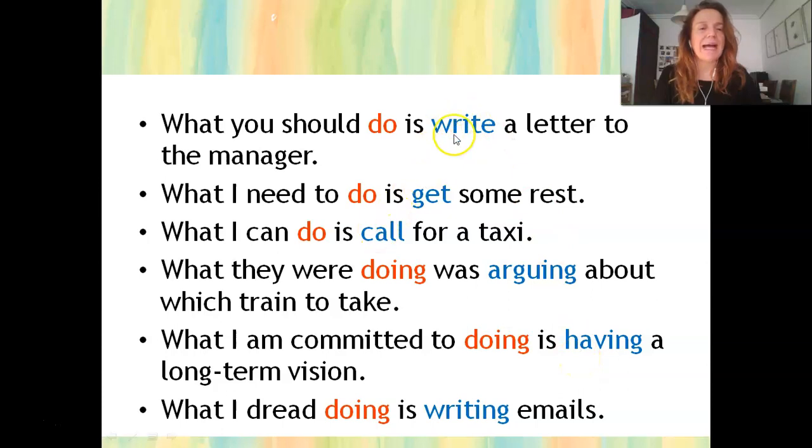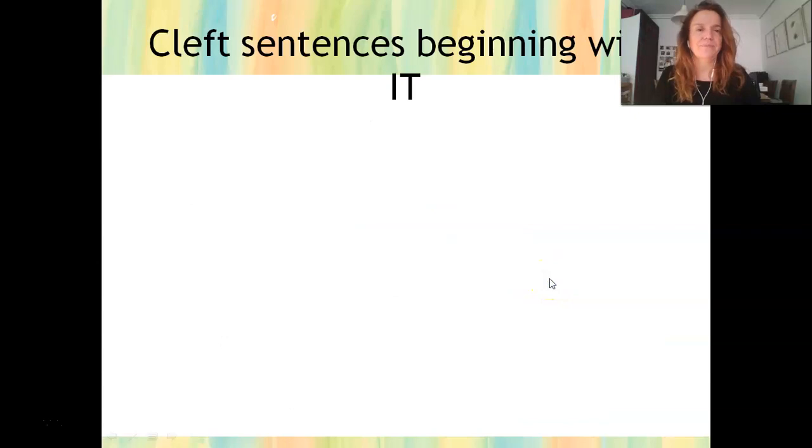Okay, so we adapt the verb in the second part of the sentence, after the verb to be, to whatever precedes the verb to be. If in the WH clause we have infinitive, here we keep it infinitive. If in the WH clause we have ing, here we keep the ing. Okay, so those were the cleft sentences beginning with what and with all.